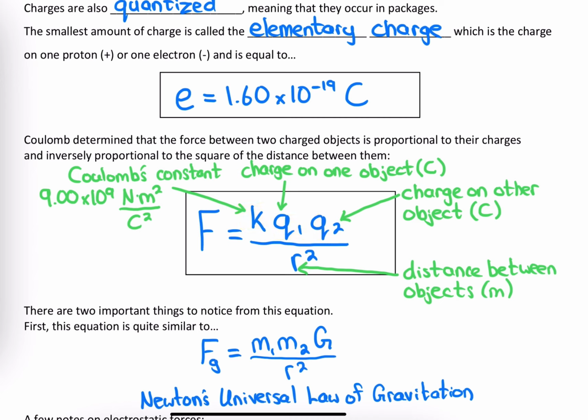So let's add that into this diagram. These guys are 0.02 meters apart. And then it also says my 1.7 microcoulomb charge is 3.5 centimeters from a 2 microcoulomb charge, or negative 2 microcoulombs.